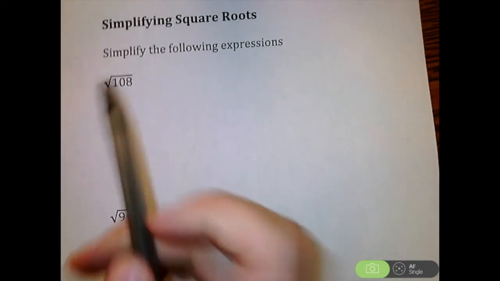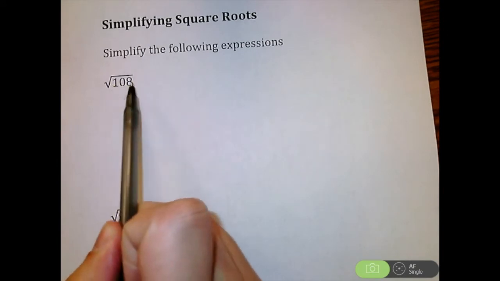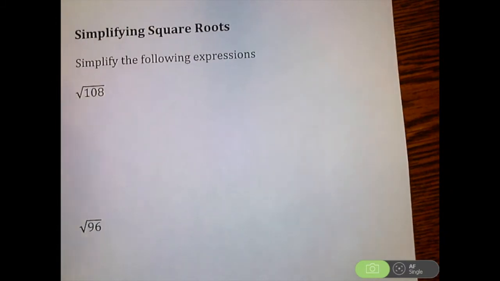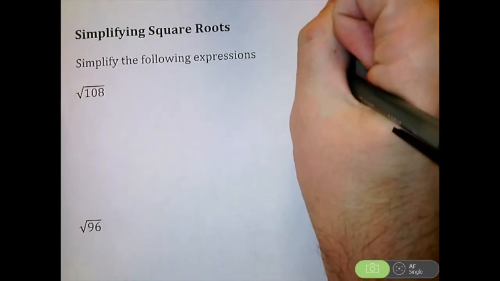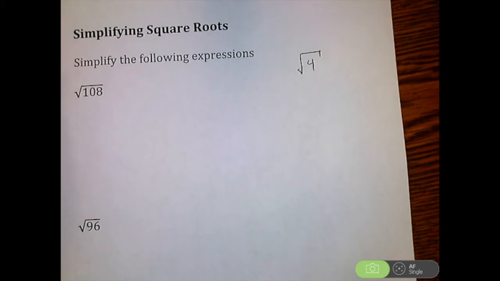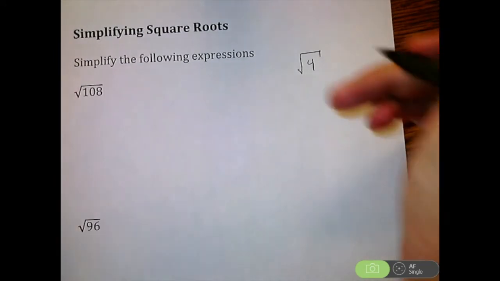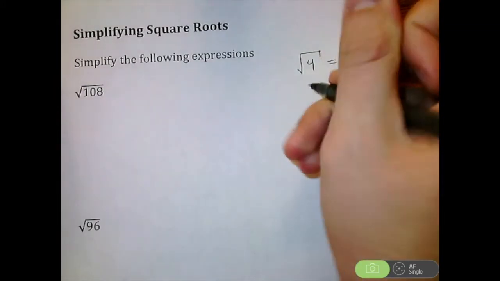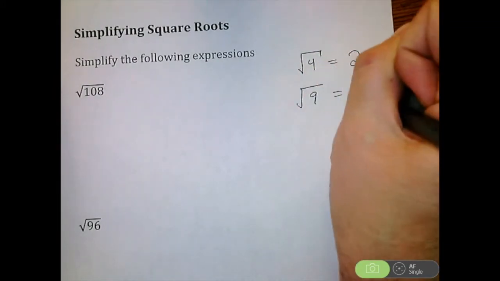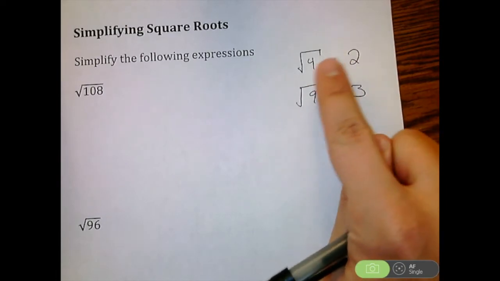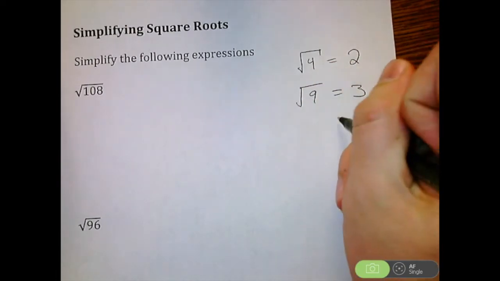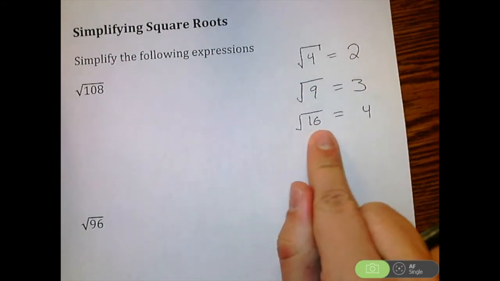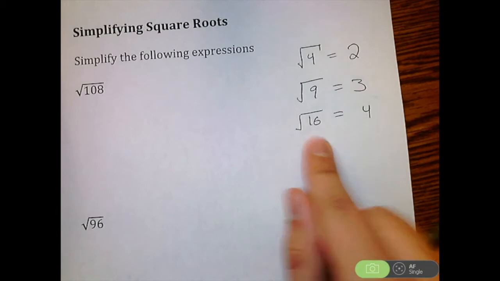Now the best way to do this is to think, well, I can't do this square root perfectly, but let's think about the square roots I do know. So off to the side, I'm going to make a list. I'm going to start small and think about all the square roots I do know. The square root of 4 is 2. The square root of 9 is 3. I know these work because 2 squared is 4, 3 squared is 9. The next one I'm going to want is 4 squared, which is 16. So the square root of 16 is 4, it works back and forth.